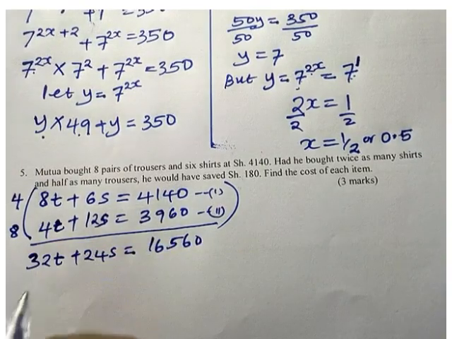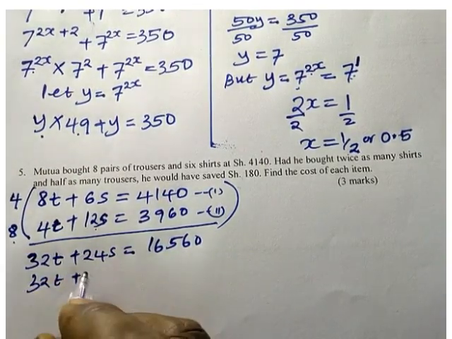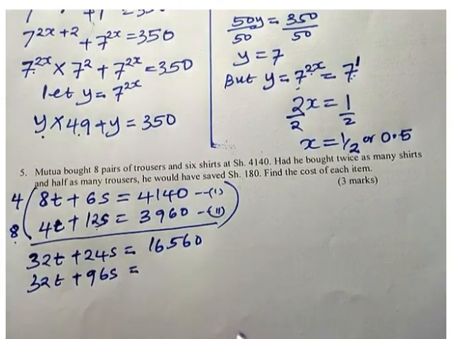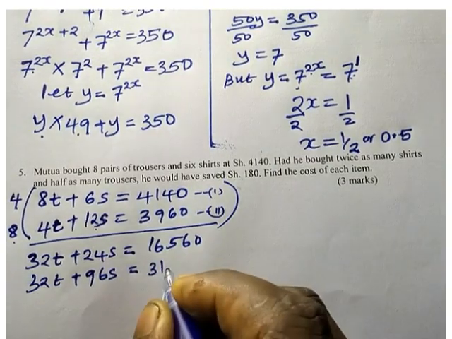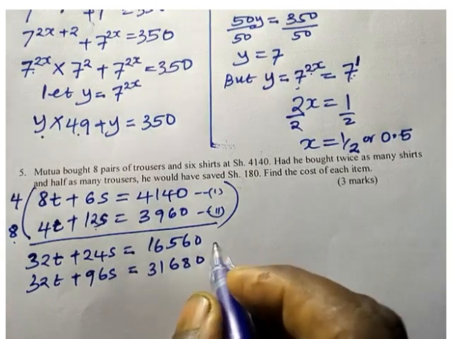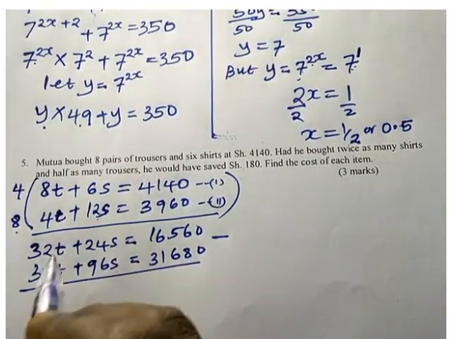This times 4. 32T plus this times this, that's 96S, is equal to 31,680.